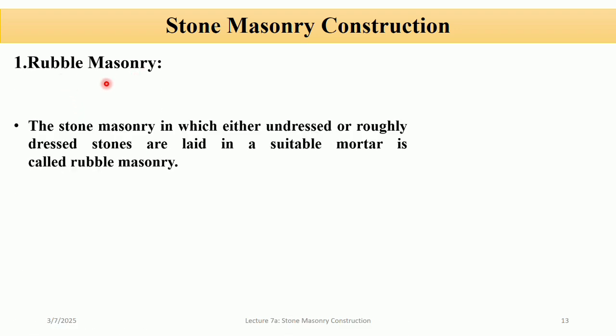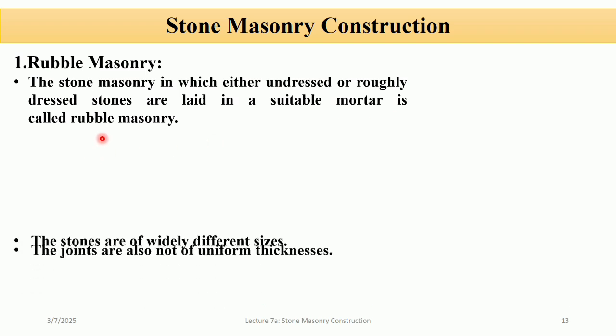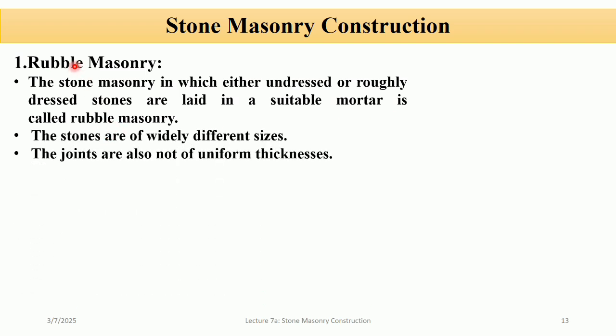Rubble masonry. The stone masonry in which either undressed or roughly dressed stones are laid in a suitable mortar is called rubble masonry. In this type of masonry, we use stones of different sizes, and the joints which we provide are not of uniform thickness.